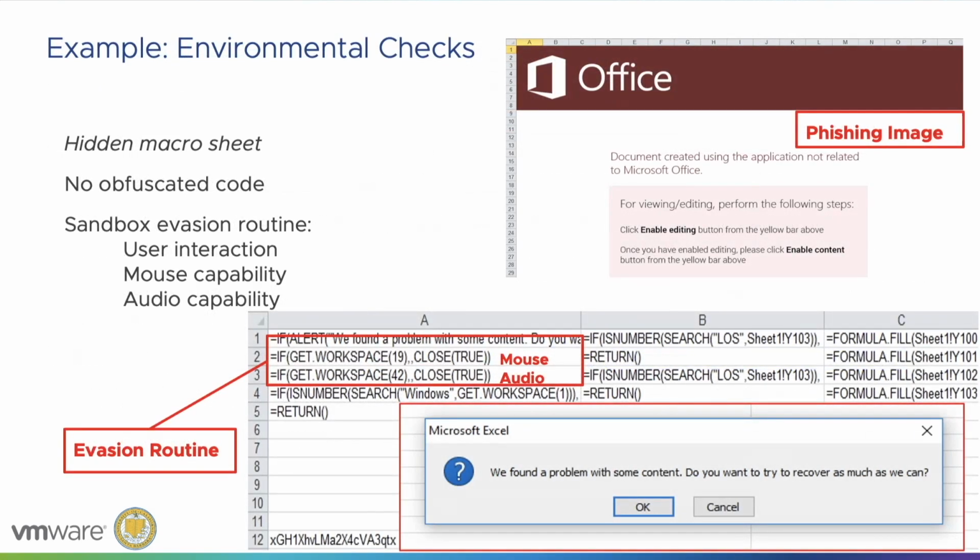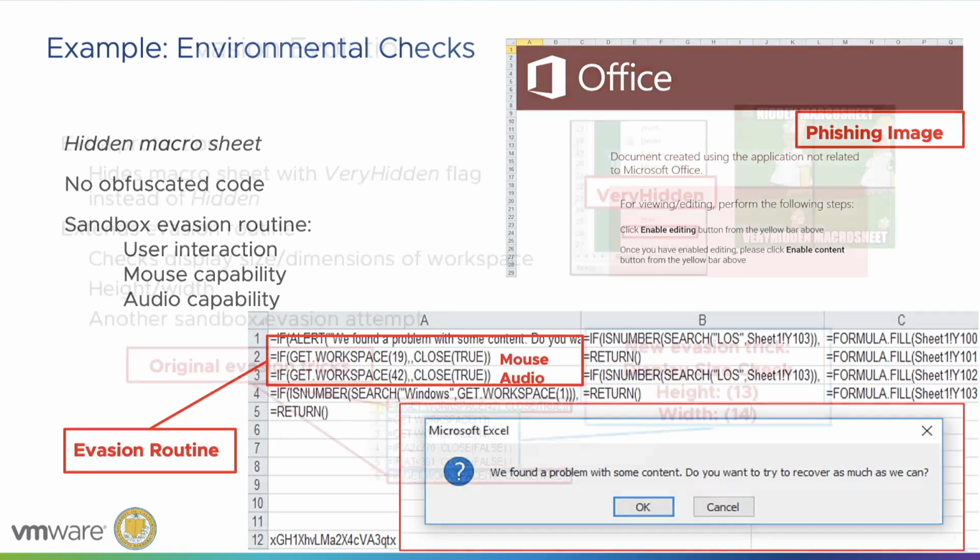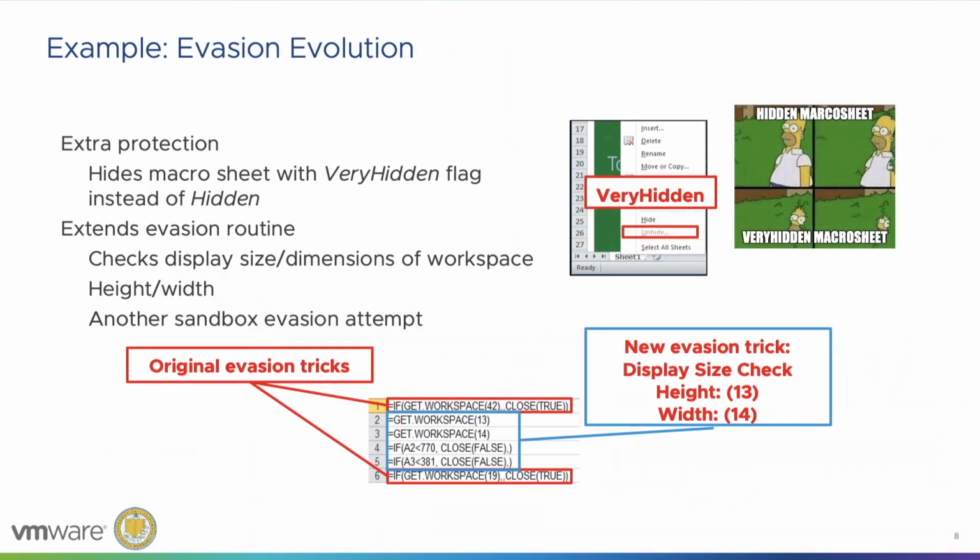To give you an idea of what the bad guys do with these capabilities, this is an example of a macro that checks if there is mouse and audio in the underlying system. This is done so that they can avoid being analyzed in sandboxes that don't have a mouse or an audio system attached.